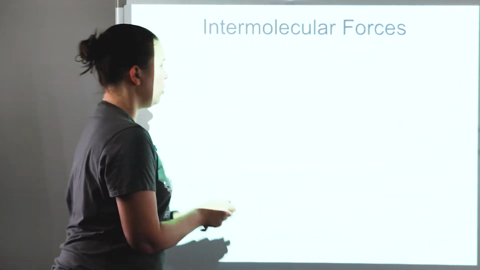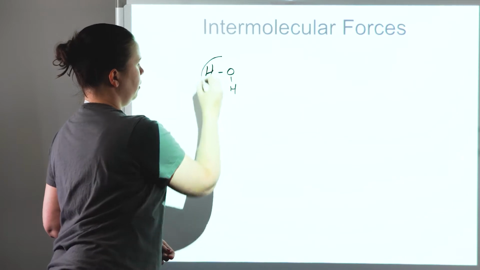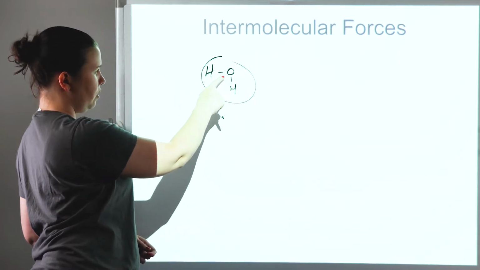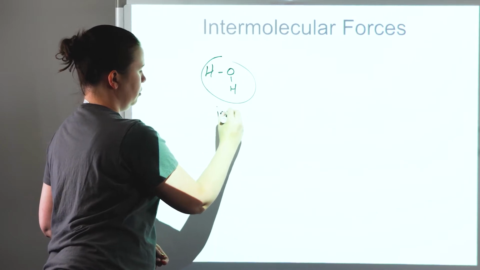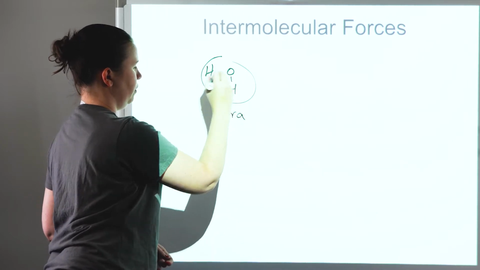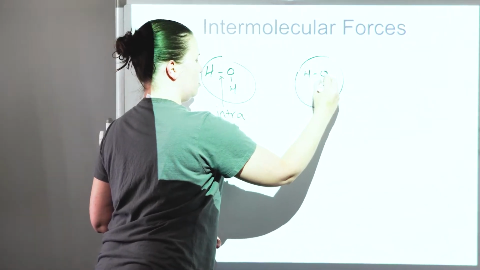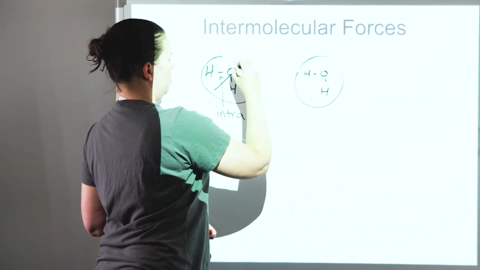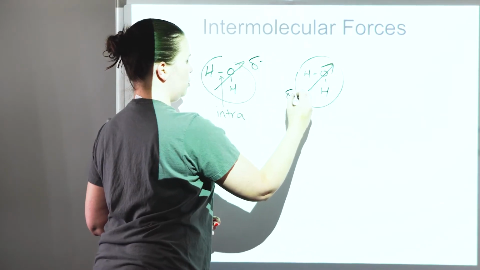If I have a water molecule, hydrogen attached to oxygen, that molecule is held together by a covalent bond. That would be an intramolecular force, the covalent bond inside. But if I have two separate water molecules, remember water is polar, so we would have a partial negative and a partial positive.